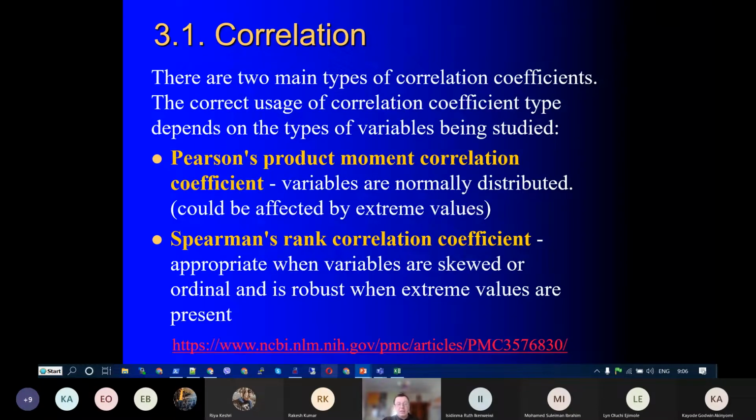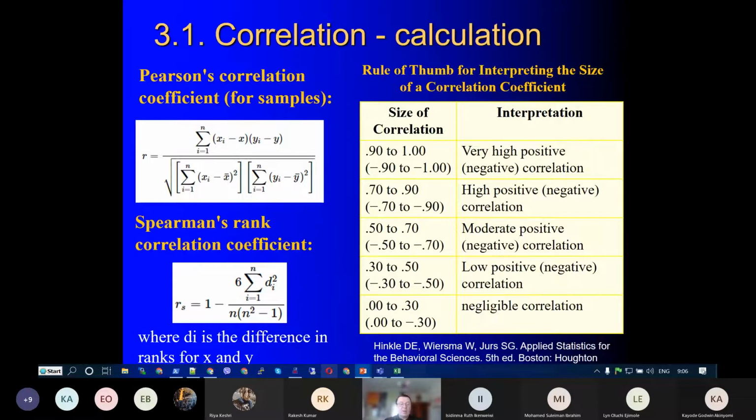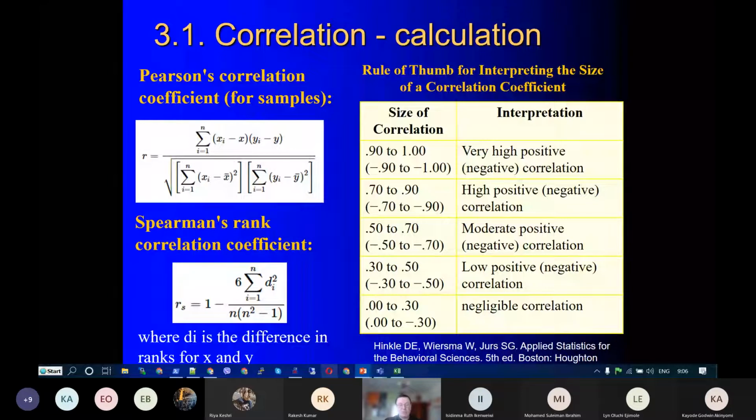As I already said, we have two types of correlation coefficient, and correct usage depends on the distribution type of the variables being studied. Pearson product-moment correlation requires that variables be normally distributed, and the Spearman rank correlation coefficient is appropriate when variables are skewed or ordinal, and is robust when extreme values are present. Here we actually have formulas for both, to calculate manually.